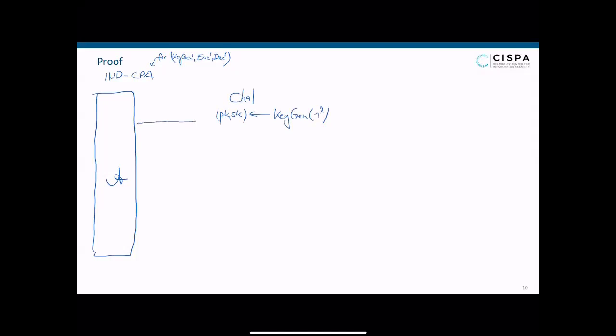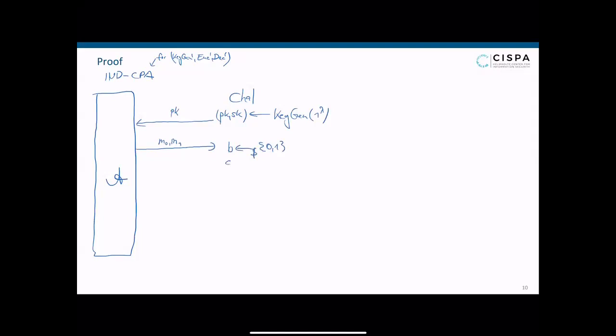Of course, now the public key is given to the adversary, who chooses two messages, M0 and M1, chooses a random bit B in {0, 1}, and encrypts the message MB. And how does that work?